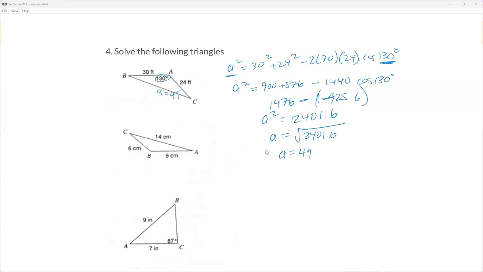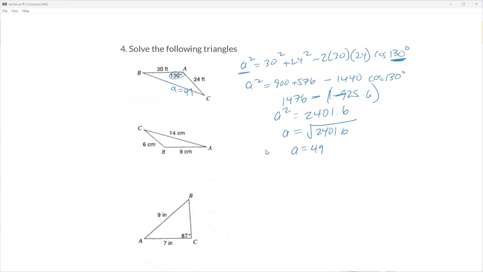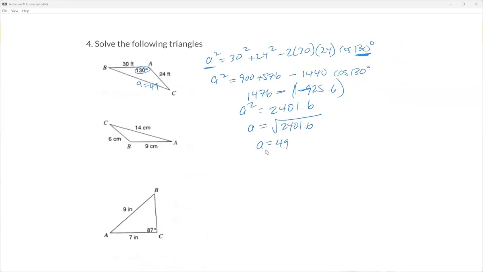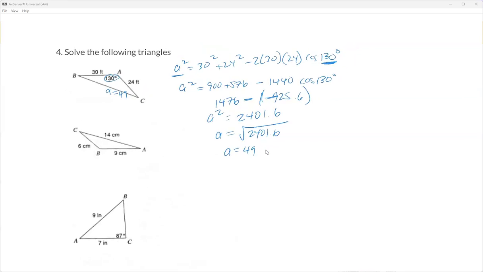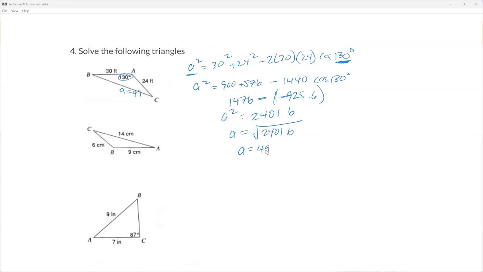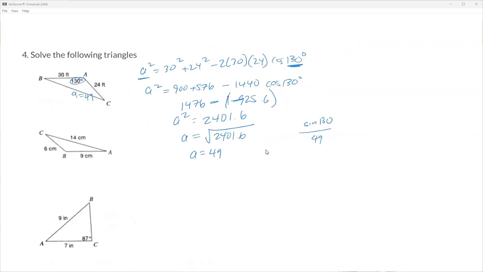Okay. So you get that, then you use the law of sines to get the angles. So sine 130 over 49 is equal to sine B over 24.